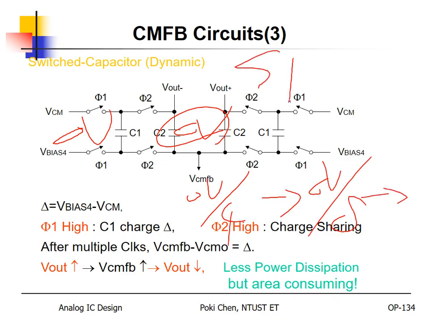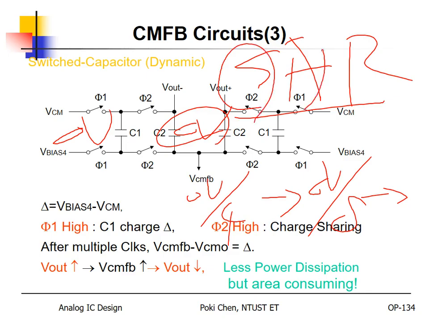So it looks like SAR, successive approximation, 逐步逼近，渐进式. Okay, that's it. So after some cycles of operation, the difference will approach 0 very soon.